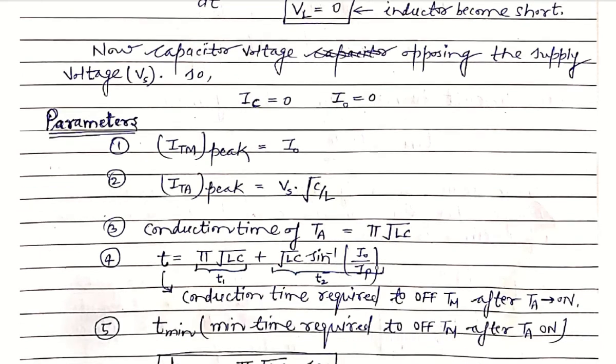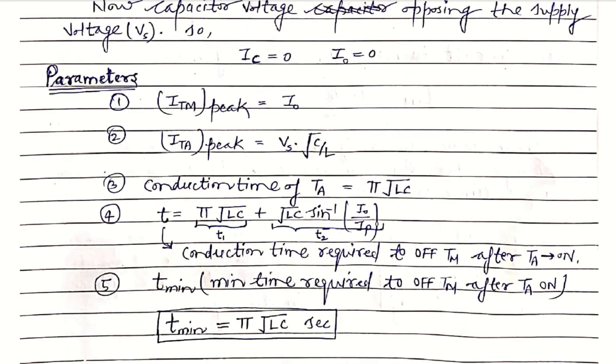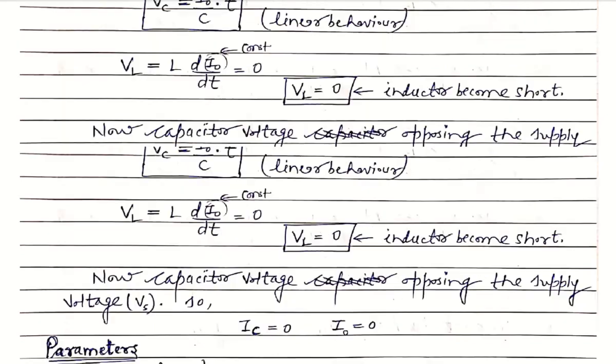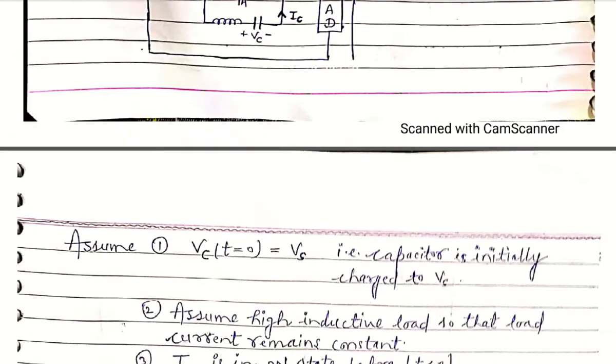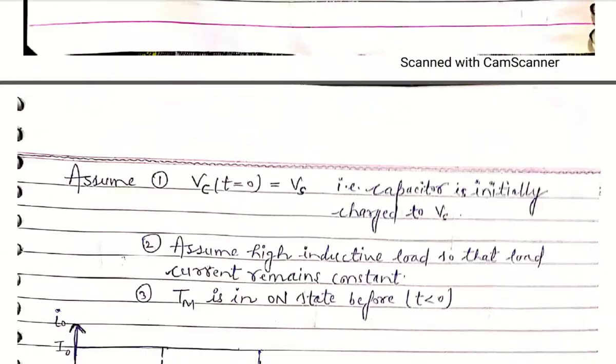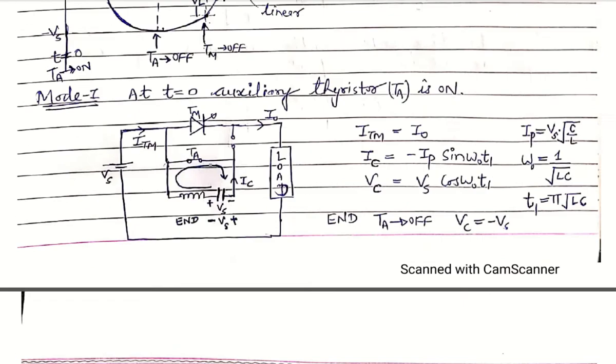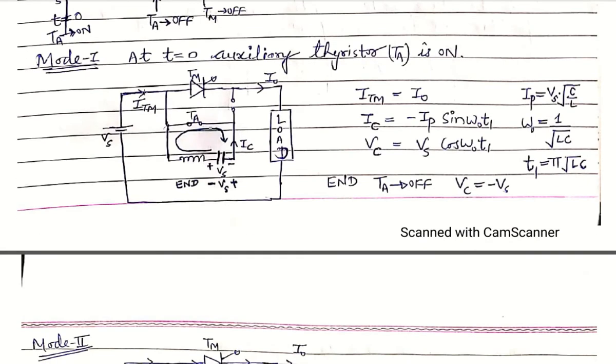Now we will see some of the parameters. What is the first parameter? ITM, that is the main thyristor peak current. So what is the main thyristor peak current? As we know, the main thyristor will be on in the first mode, and the whole current from the input side will be flowing to the load side. So the maximum current flowing through this main thyristor will be I naught.